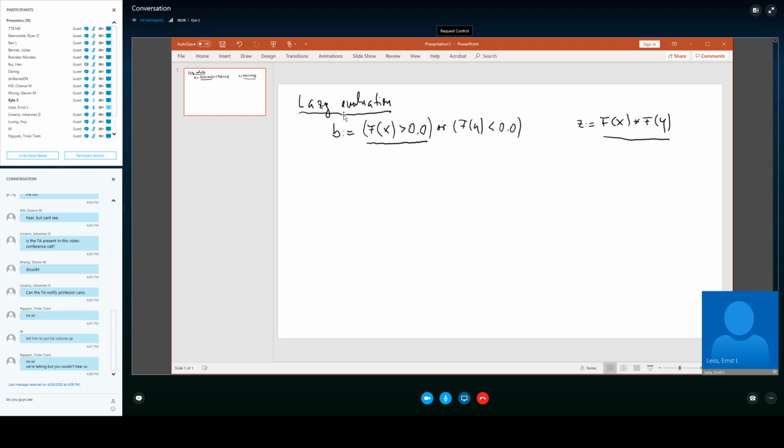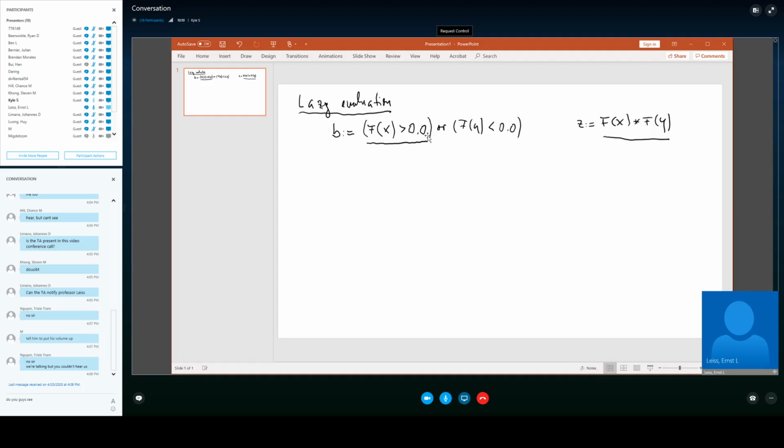So lazy evaluation basically consists of observing that for a Boolean expression, the first portion, f of x greater than 0, if that is true, there's absolutely no point in doing the second evaluation, f of y, because even if it were true, it's not going to change the value of b. It is already determined to be true on the basis of f of x being greater than 0.